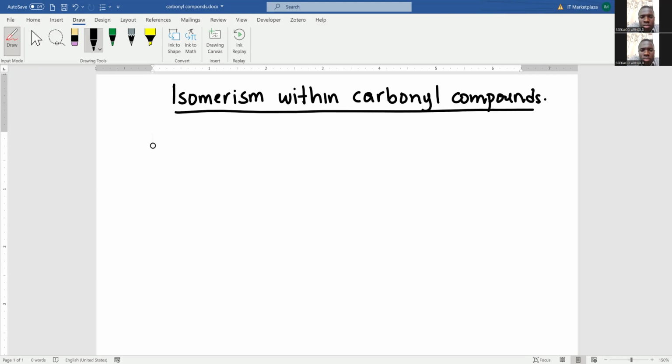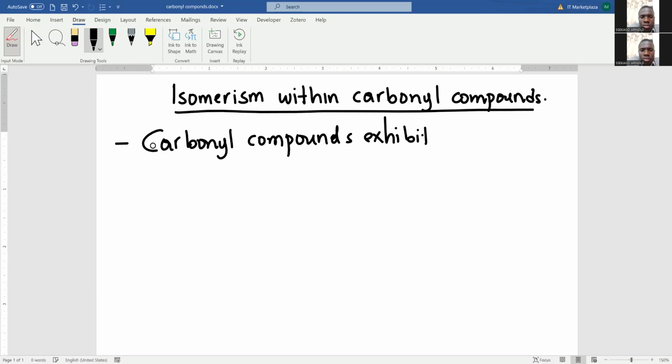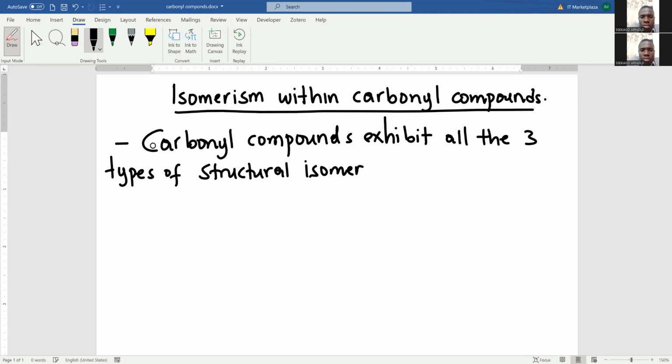However, in this case, we are going to concentrate on structural isomerism. Carbonyl compounds exhibit all the three types of structural isomerism.